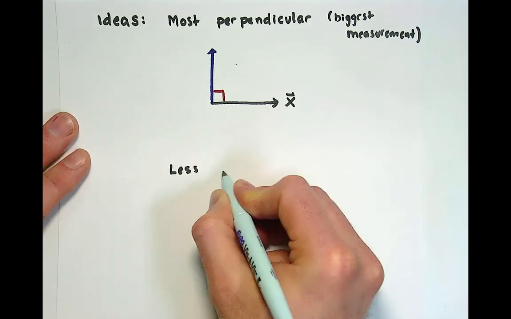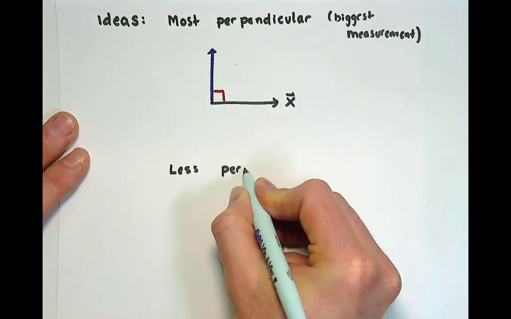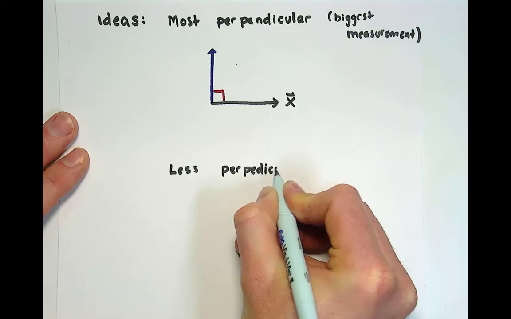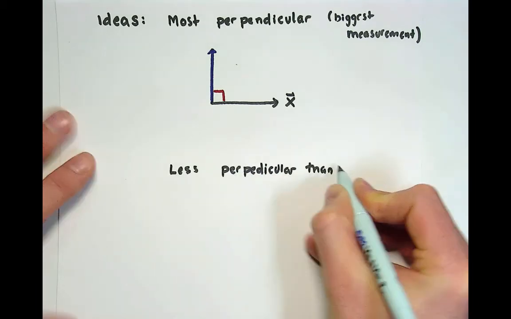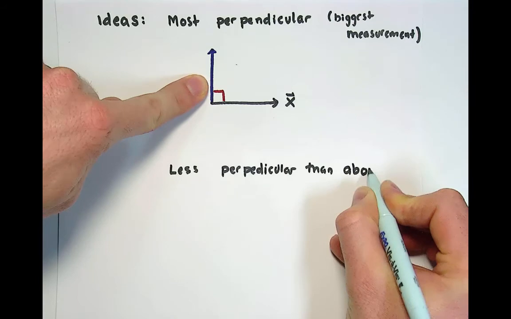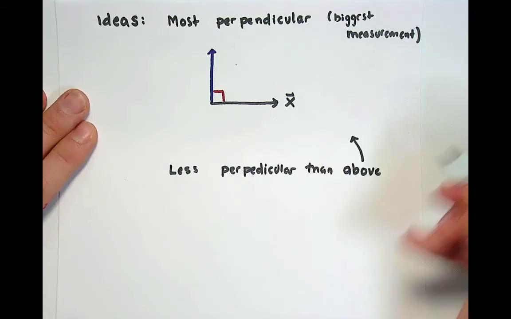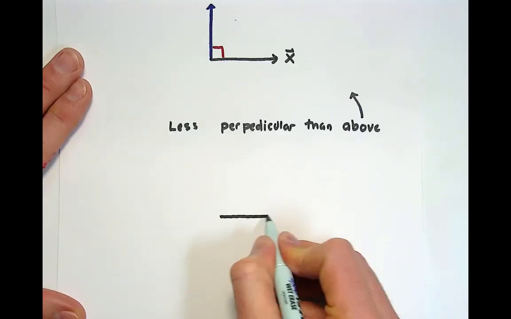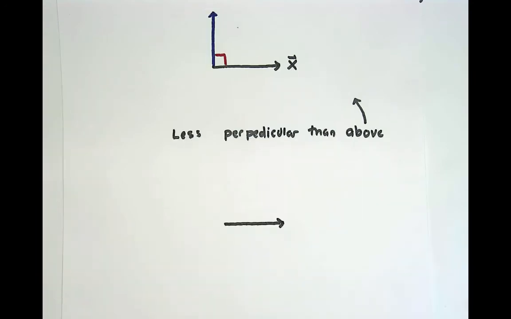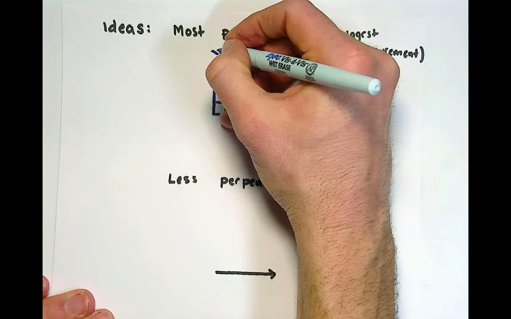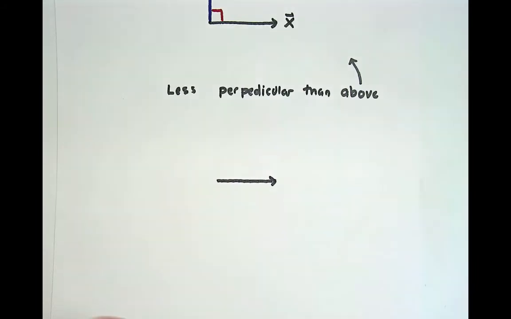We could say that a vector is less perpendicular than this case when, of course we wanted to call this thing y, right? Because we were looking at x and y.